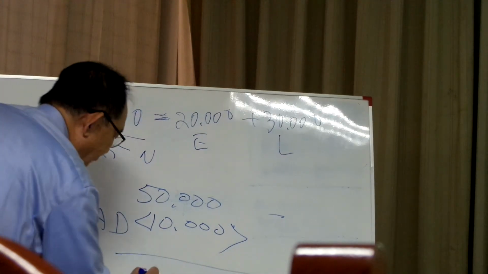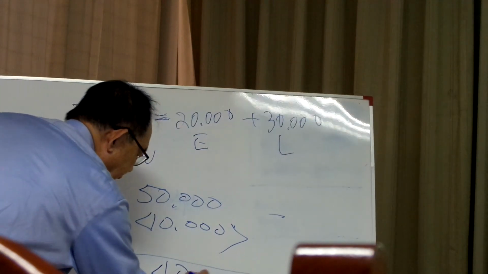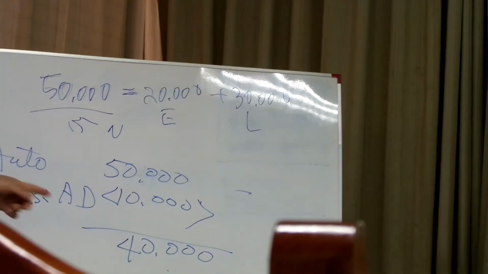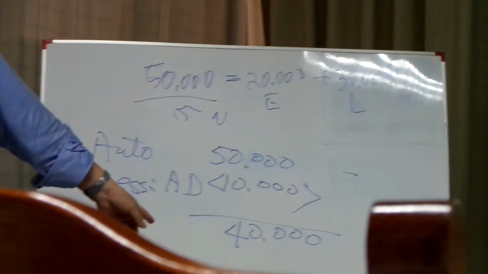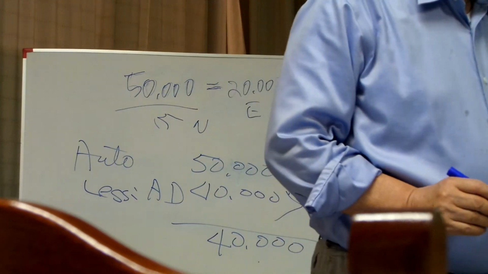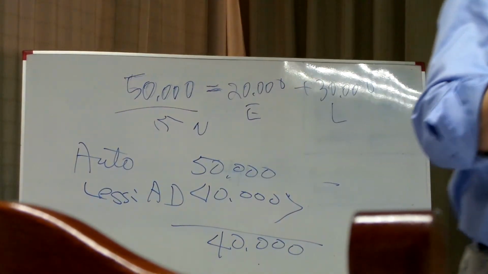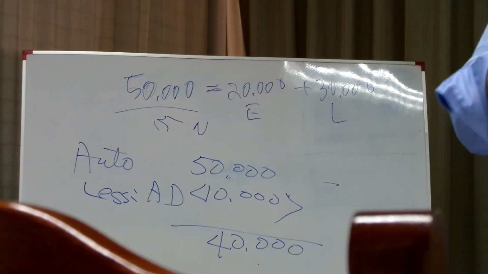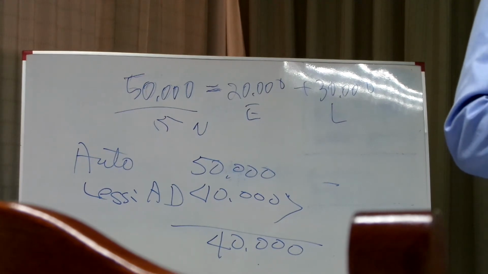So the net book value is 40,000. This is very important, okay? So depreciation expense is an expense account, but accumulated depreciation is against the asset account.